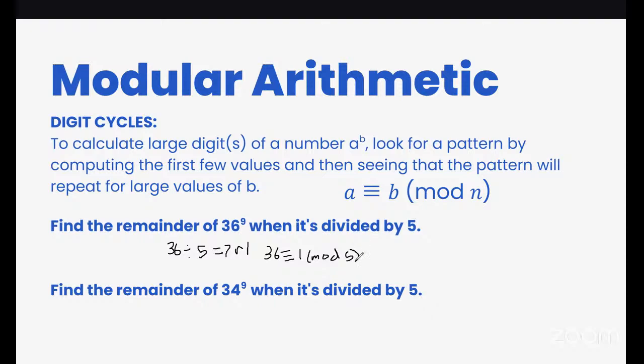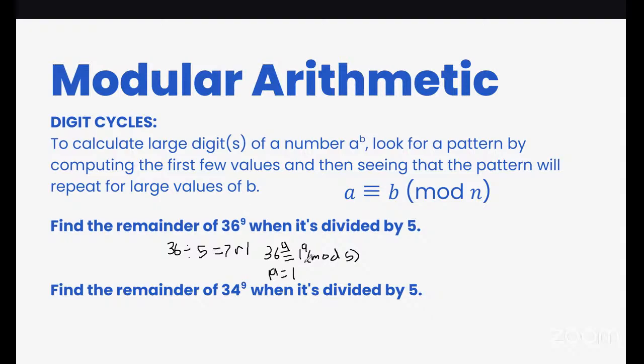And from here, we can then apply the exponent to the numbers. So that would just be a 9 here and a 9 here. And so to find the remainder, which would just be 1 to the power of 9, that clearly is just 1. So that's how you find the remainder for large exponents like that.